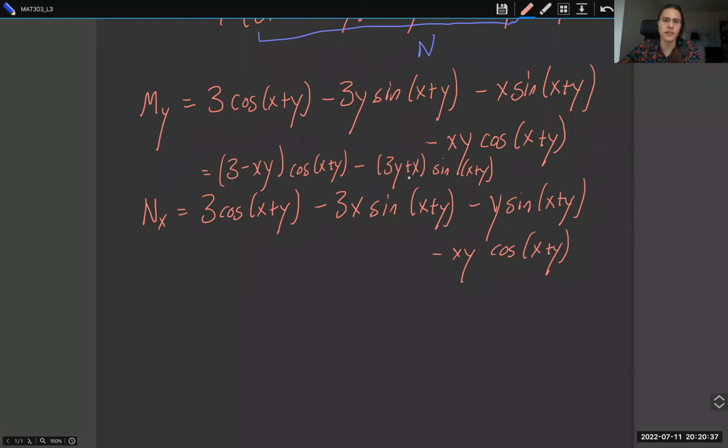That's not a super elegant way to write it, but whatever. And here we get (3 minus xy) cos(x plus y), but the second term is going to be different. Now it's going to be minus (3x plus y) sin(x plus y). And so that's different.